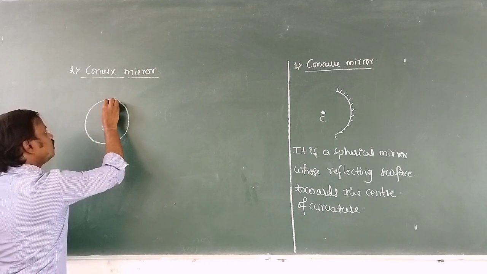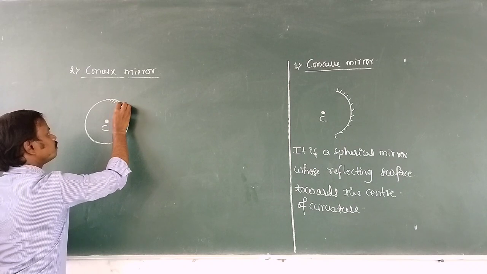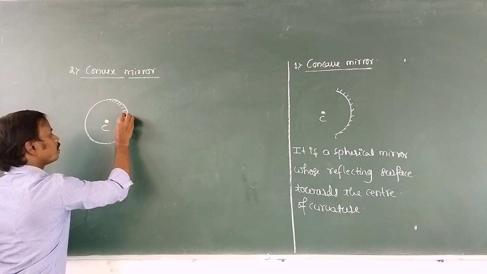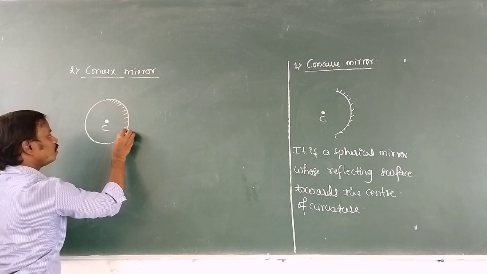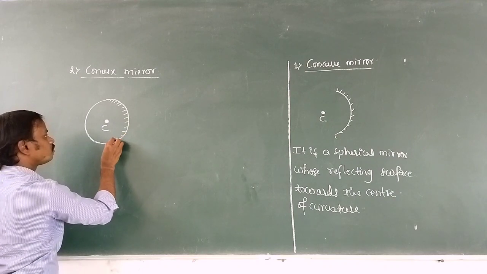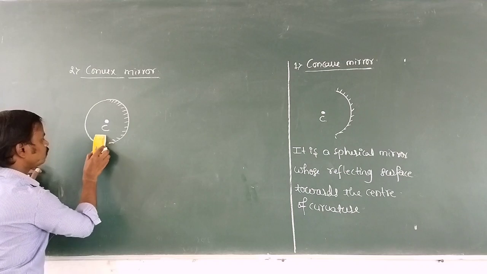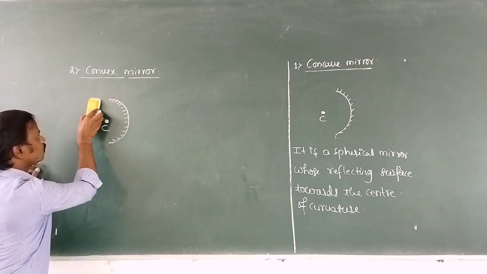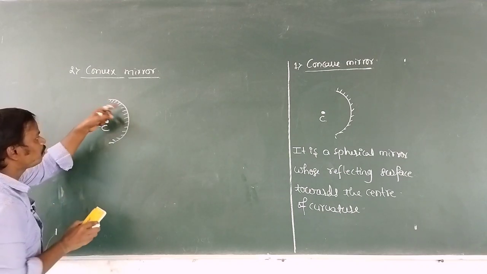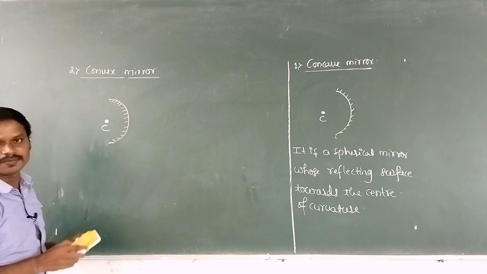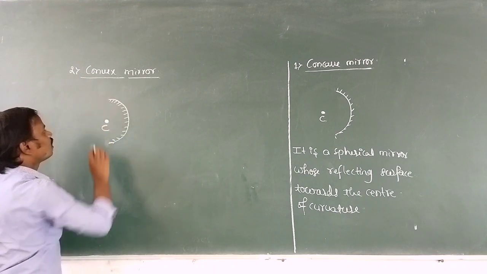Now, the inner surface is polished. Then I will take this part now. So this type of spherical mirror is called convex mirror. Then what do you mean by convex mirror?